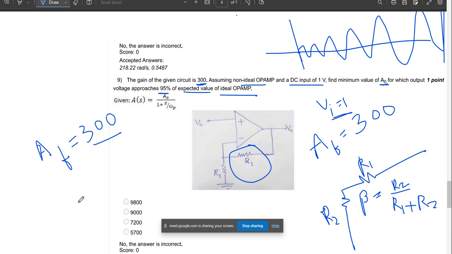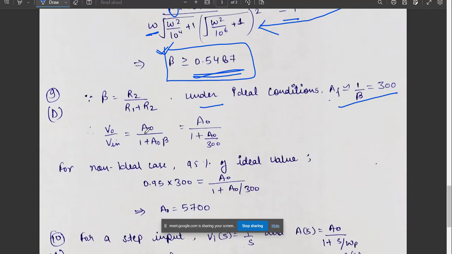If we take it as non-ideal, the non-ideal gain will be equal to V0 by Vn, which will be equal to A0 upon 1 plus A0 beta.